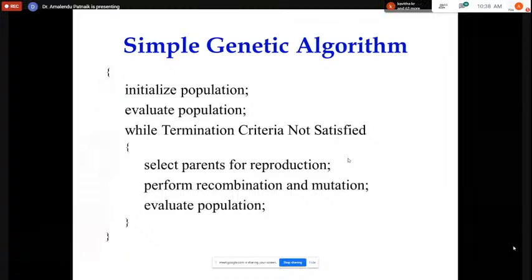In some cases, even if you tune those parameters, it will not work, meaning even after applying quite a large number of iterations you will not get the solution.